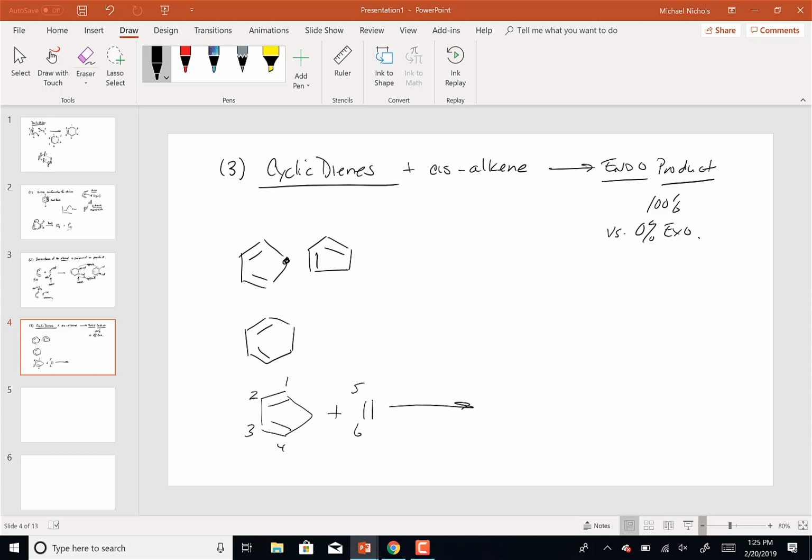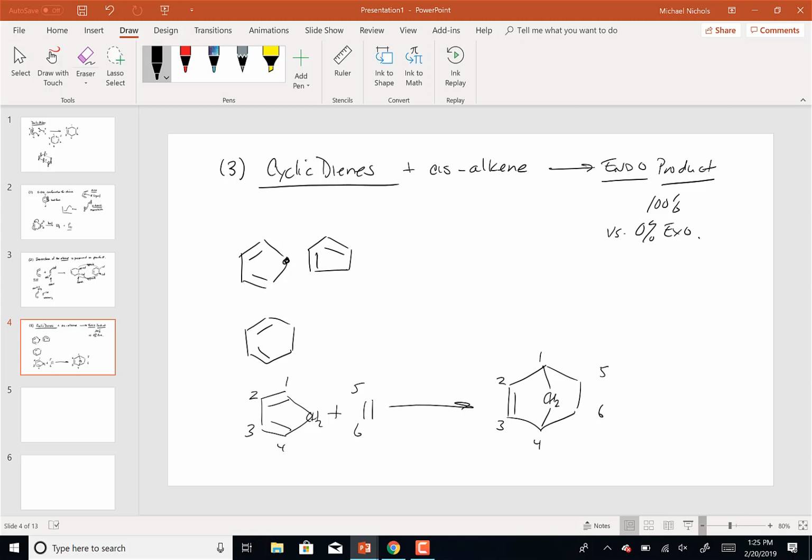So when I do that, I'm going to end up with a 6-membered ring with a CH2 attached to both carbon 1 and carbon 4, because that's what this CH2 is attached to. So that's one of the ways that I can write it.